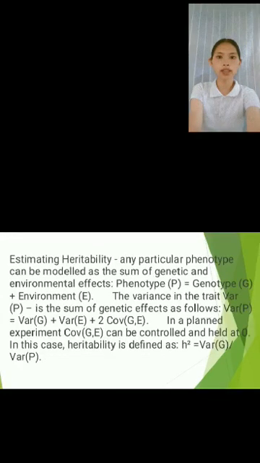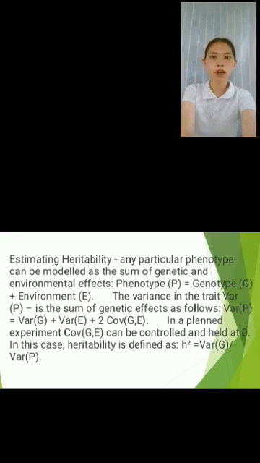Estimating heritability. Any particular phenotype can be modeled as the sum of genetic and environmental effects: phenotype P equals genotype G plus environment E. The variance in the trait, Var(P), is the sum of the variance of the genetic effects as follows: Var(P) equals Var(G) plus Var(E) plus Cov(G,E).